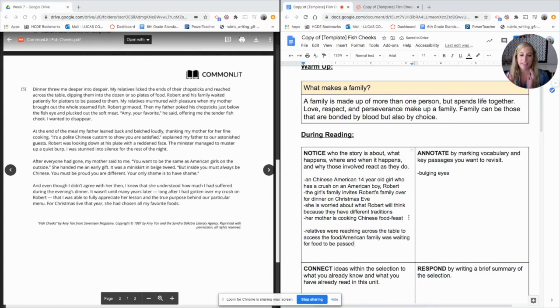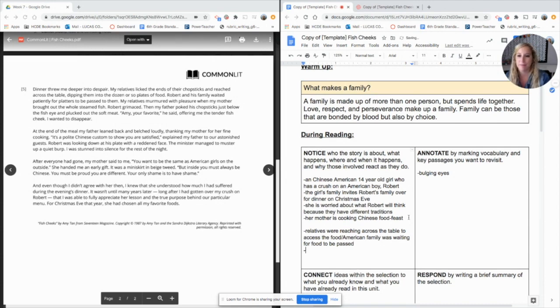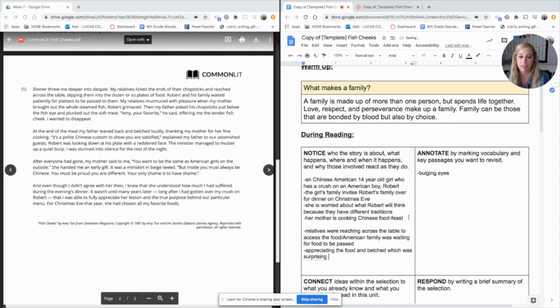So we see a difference in expectations for dinner time. And we see that his family was appreciating the food and even belched, which was surprising to the other family, to the guests.